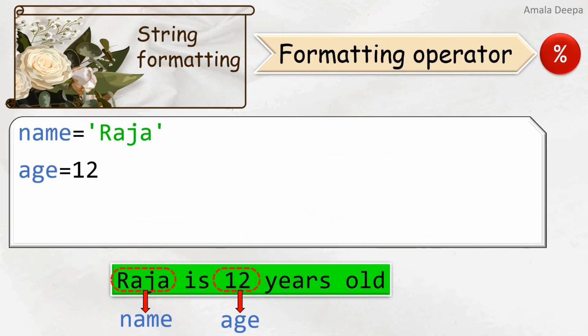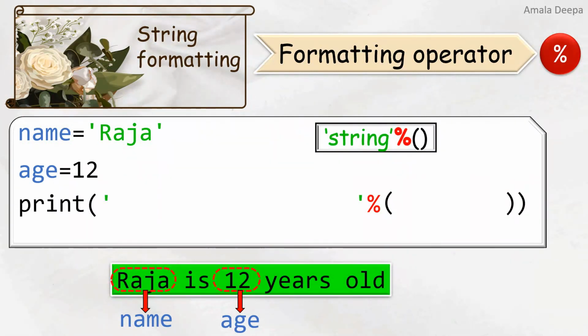which is percentage symbol. So let me take a print statement, and within that, as usual, you place a string. So I put a pair of single quotes followed by percentage and then parenthesis. So the syntax to be followed here is string, percentage symbol, and the parenthesis.